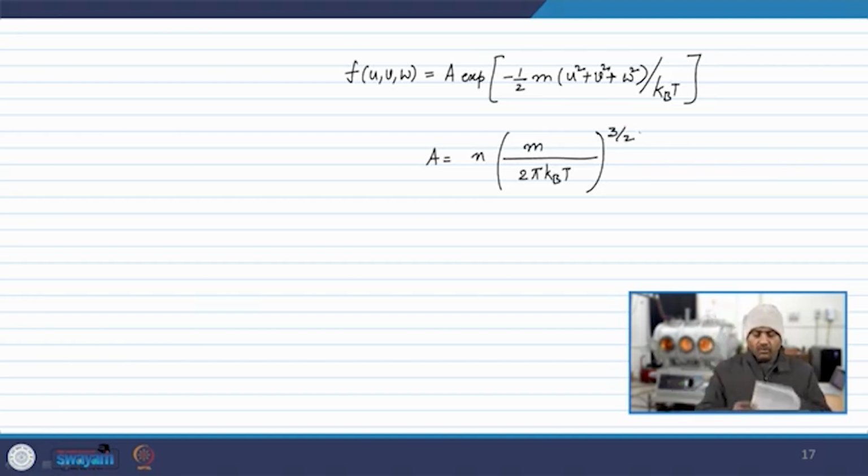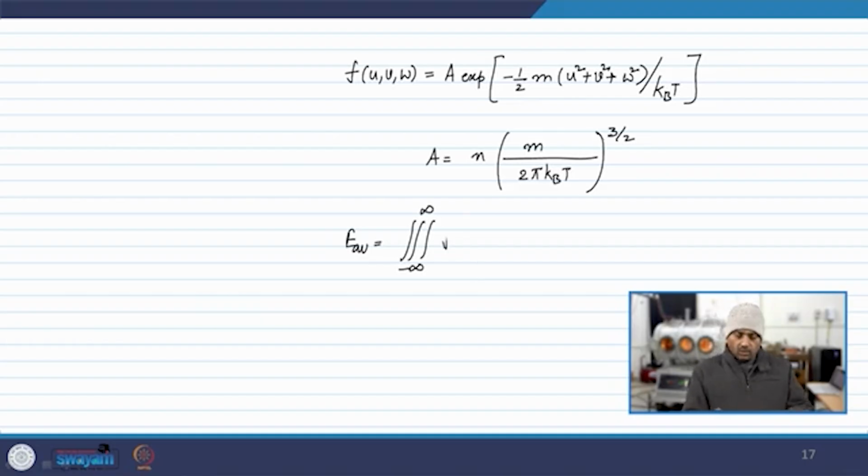If you follow the same process as we have followed, the average energy E average is the triple integral from minus infinity to infinity of f times the exponential part times the energy, divided by the integral over minus infinity to infinity of the exponential part, with du dv dw.